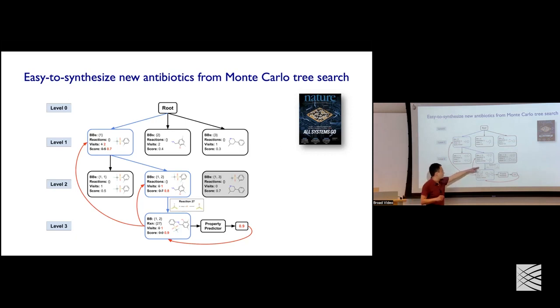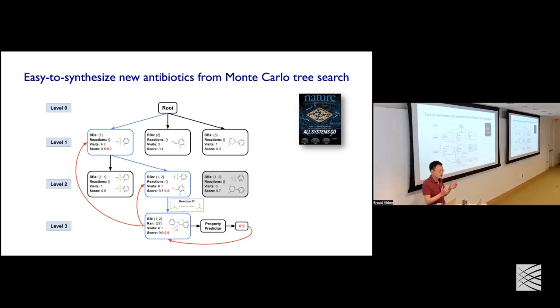Each reaction applied to a set of fragments produces an outcome, a more complex molecule. Not all reactions are compatible with different fragments, so not all parts of this tree are accessible. But we can build that into the tree search, exploring only parts of the space where we know we are generating valid molecules.